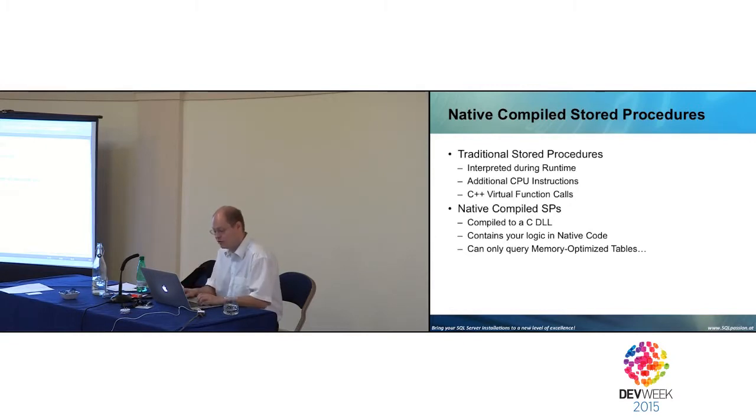Just the creation of that table takes around 16 megabytes of memory. I also specify the durability option SCHEMA_ONLY. That means when we are working with that table, we just work in main memory. There is no physical interaction with our storage subsystem. Nothing gets written into the filestream filegroup, nothing gets logged in the transaction log.